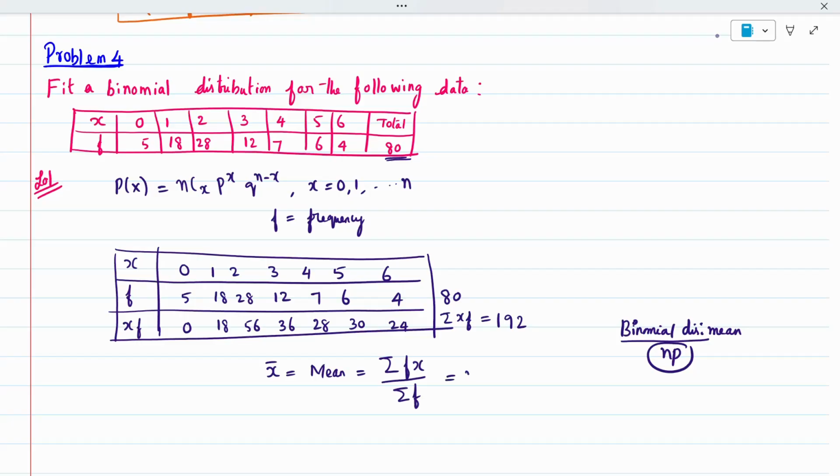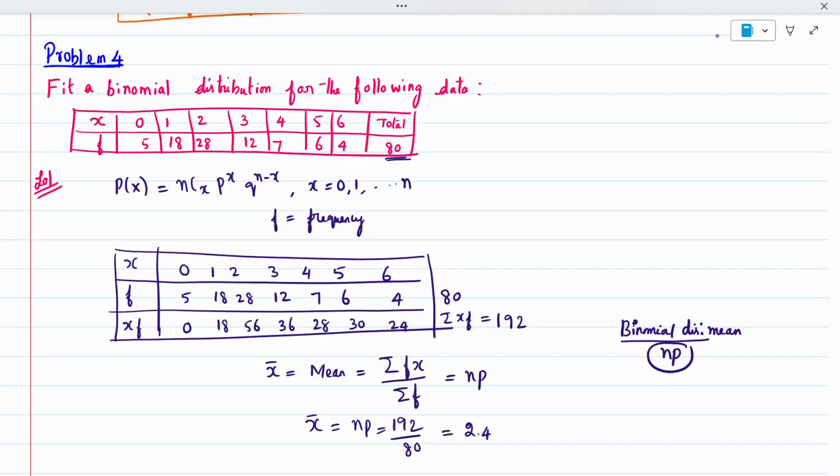So x bar equals np equals the sum of xf, 192, divided by 80. Divide it in a calculator: we get 2.4.